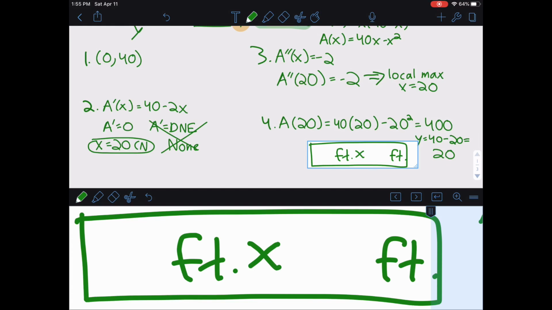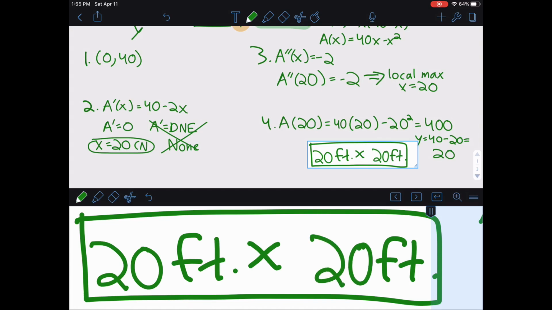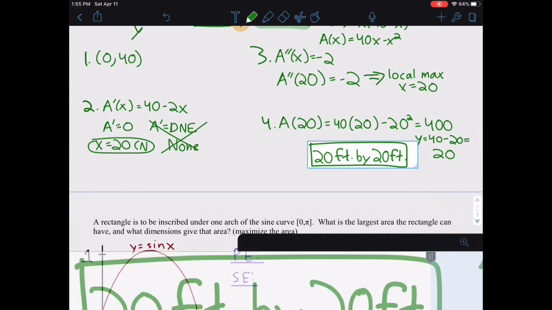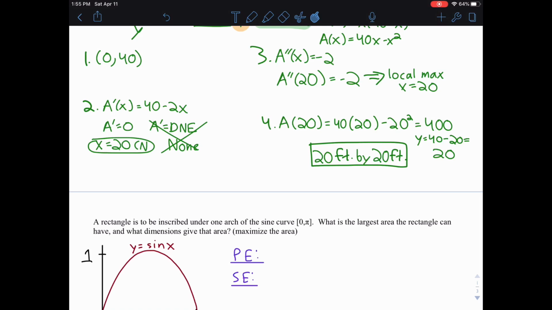Everything is given to us in feet, so x is 20 and y is 20. So the answer is 20 feet by 20 feet. I use an x in the middle for by, but you can also just write the word by there if you want. These dimensions with units will give us the largest area possible.